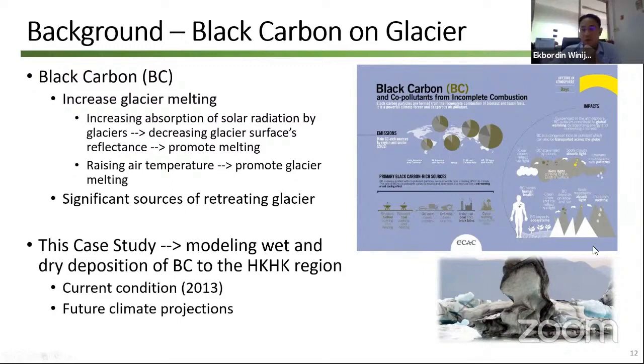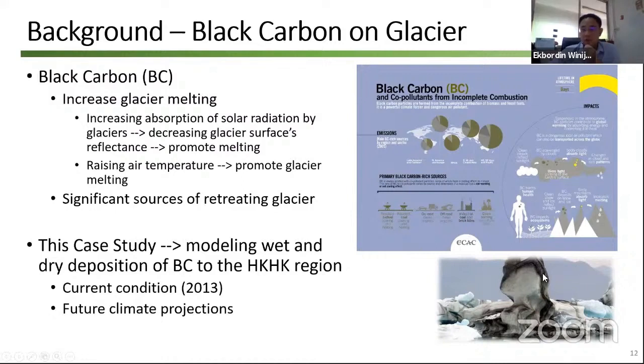So instead of scattering the light and keeping the environment cool, when covered with black carbon it absorbs the incoming solar radiation and makes the temperature of the whole system increase.